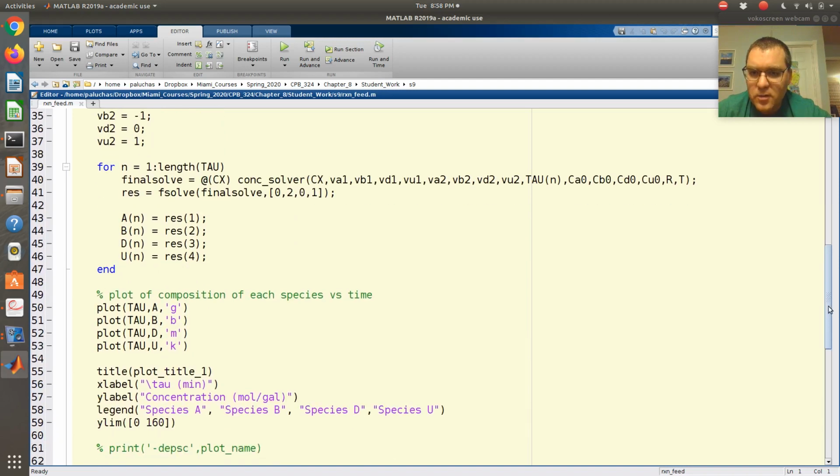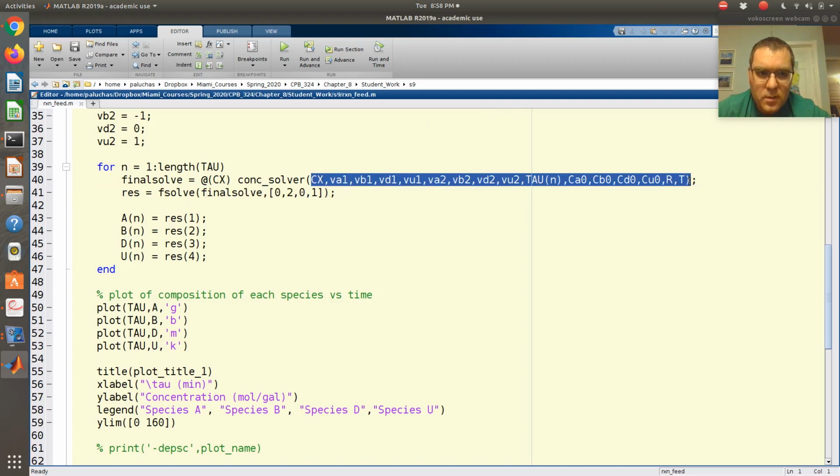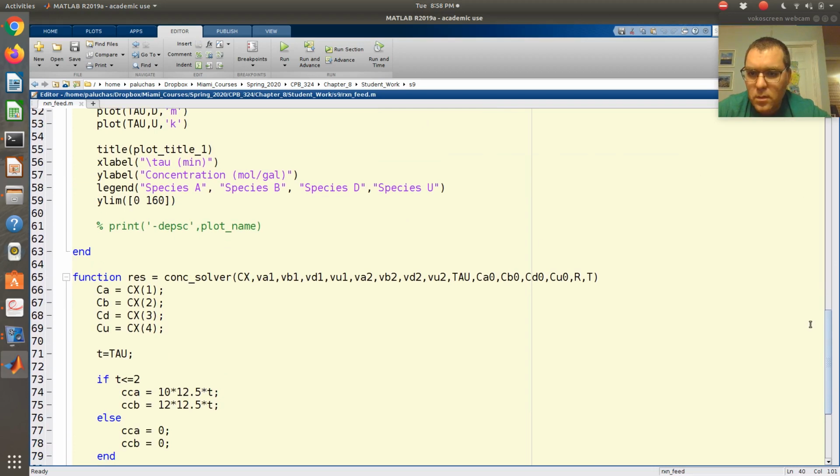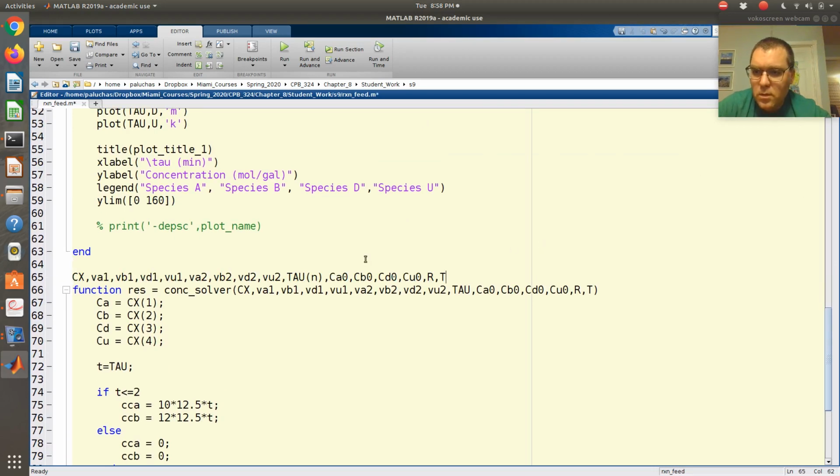Const solver. So if you look at const solver, I'm going to copy and paste this. And if I copy and paste this, I'm just checking to make sure everything matches up first.